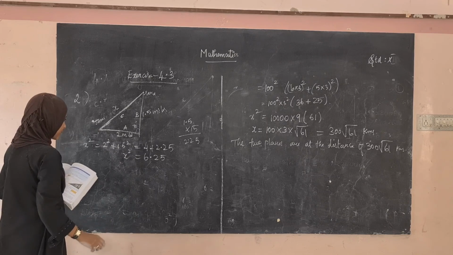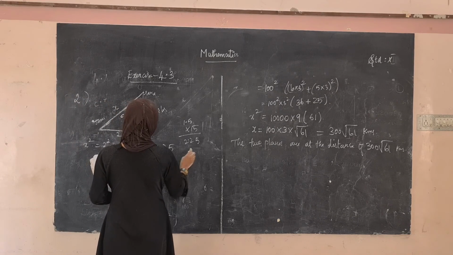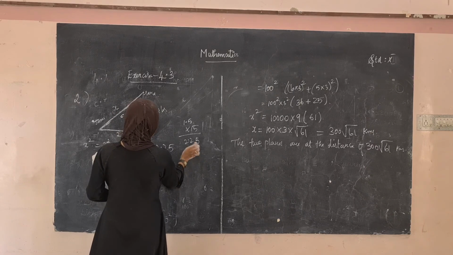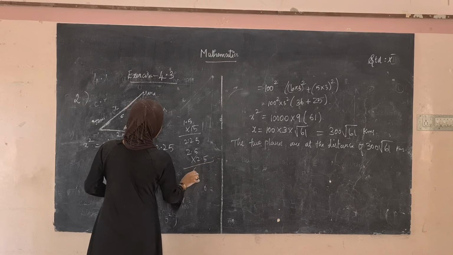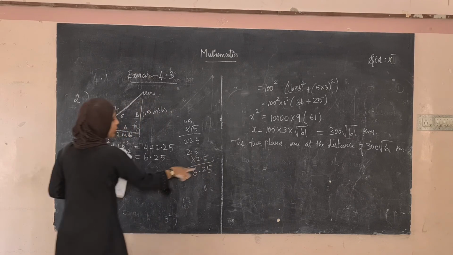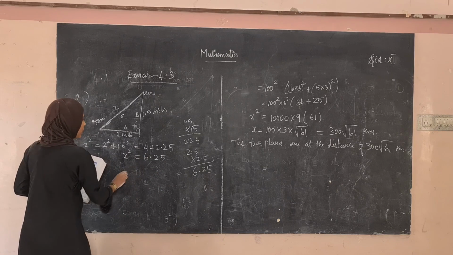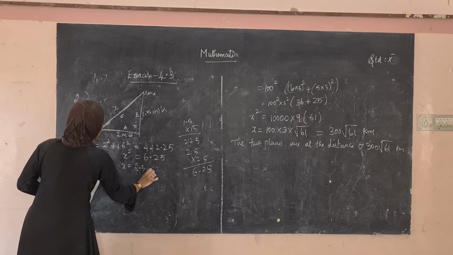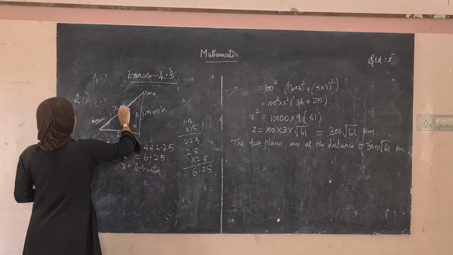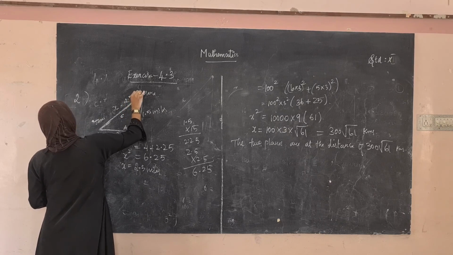Then what will be the x? 2.5 into 2.5 is 6.25, right? 25 into 25 is 625. So x is equal to 2.5 miles. The street C is of length 2.5 miles.